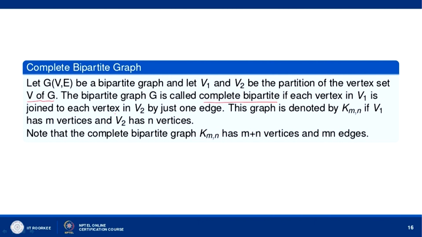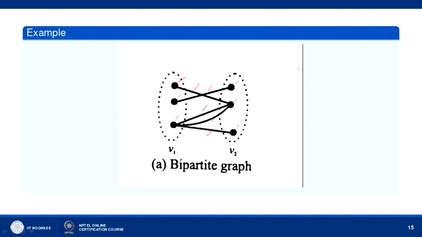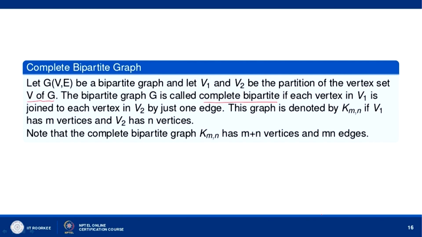Now, here you can see this vertex is joined to this vertex by 2 edges, they are parallel edges. So, this is not a complete bipartite graph. When each vertex in V1 is joined to each vertex in V2 by just one edge, then we will say that the bipartite graph is complete.